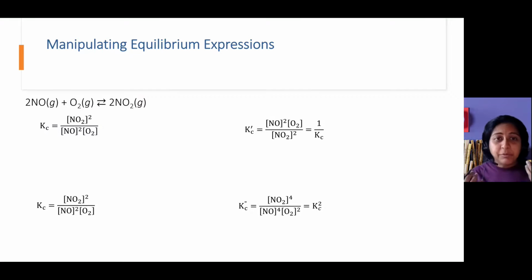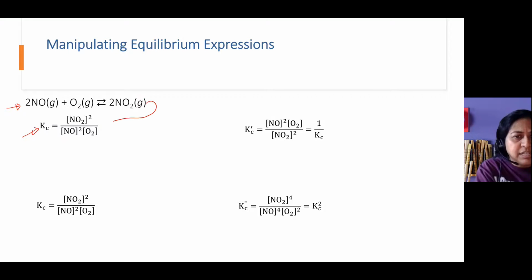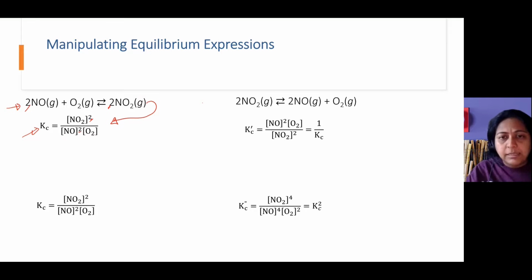Next, we're going to play with these equilibrium expressions. Look at this equation. We can write the equilibrium constant expression for this reaction like this. The coefficient is the exponent here, the coefficient is the exponent here. Look at the next reaction. You can just write the equilibrium constant.